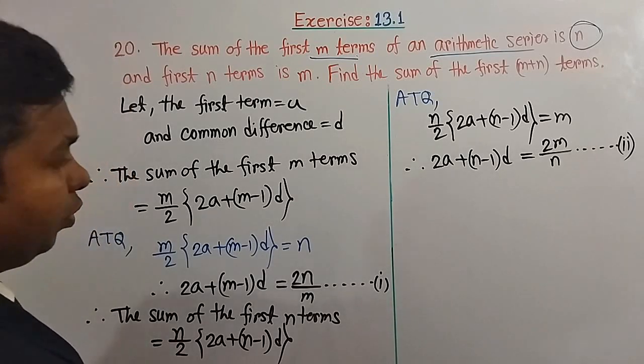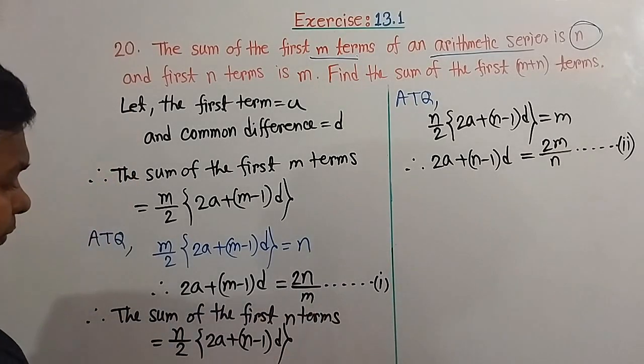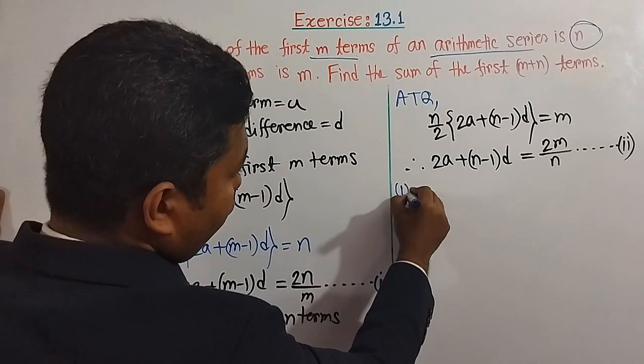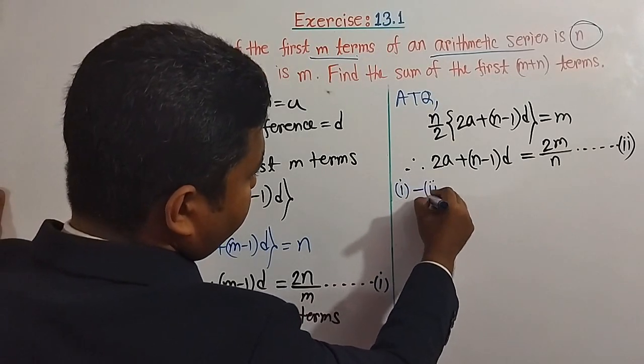Now subtracting equation 2 from equation 1, we get equation 1 minus equation 2.